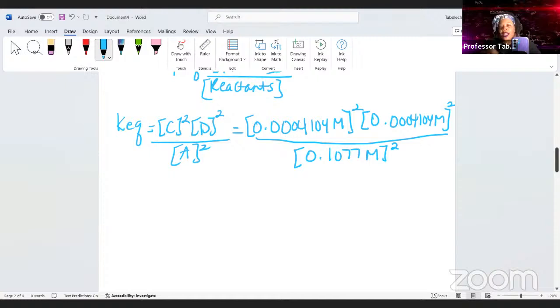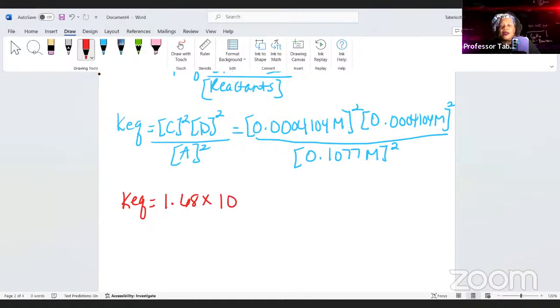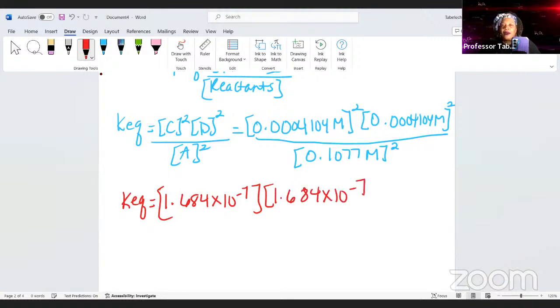0.0004104, and again, that's squared. So I'm going to write this in right here. That's 1.684, because we need 4 sig figs, times 10 to the negative 7. And you're going to do that again. That's going to be the same answer for this other one because they're the same number.